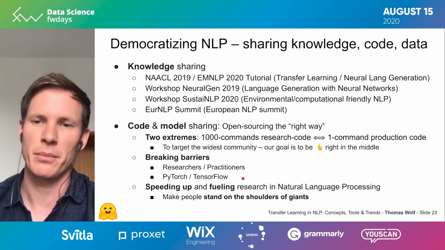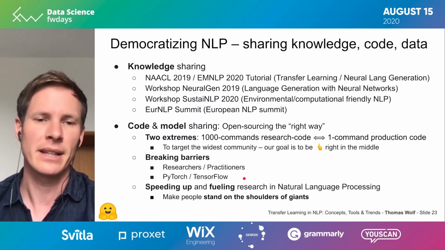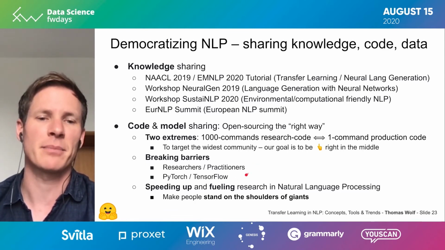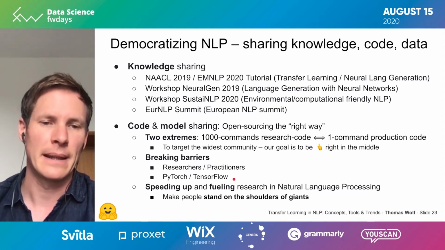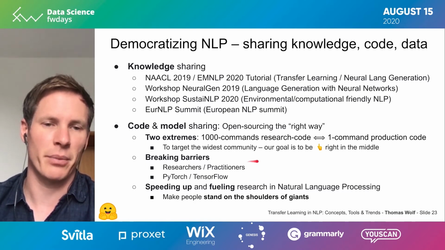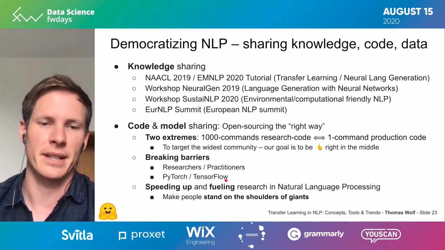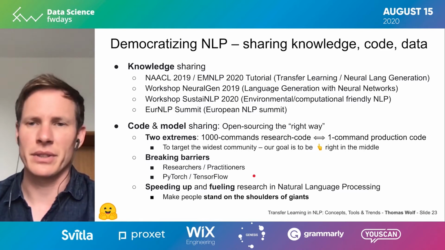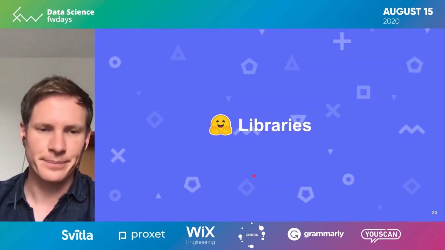We think this is also important in terms of ethics and bias. Being able to understand the limits of these models is something we really want to push forward. And so this is how we do that, by trying to break all the barriers between researchers, between practitioners, between PyTorch, between TensorFlow. We think there are a lot of artificial barriers that are slowing down the field, and that make it harder to build a science in the field.